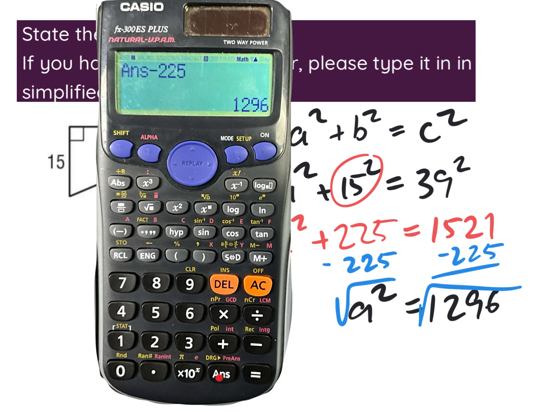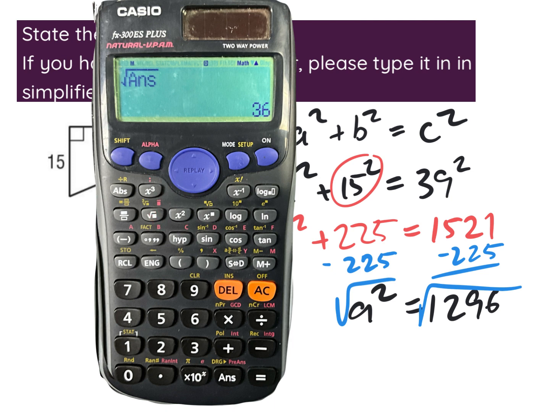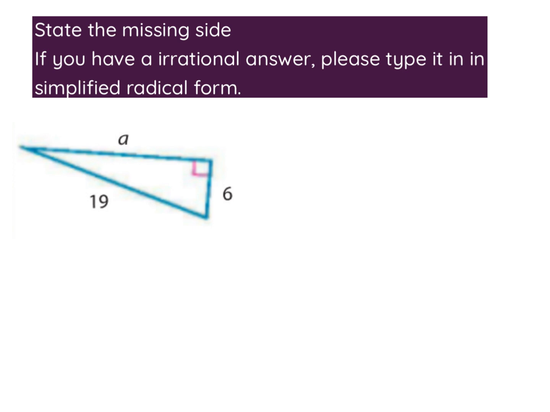That means the previous answer. So if you hit square root answer, it's really going to do the square root of 1,296. That's a lot faster than typing in the square root of 1,296. Square root answer, hit equal, and it gives you 36. So our a value, a equals 36. It should be plus or minus, but we know there's no such thing as negative distance, so we just say a is 36.